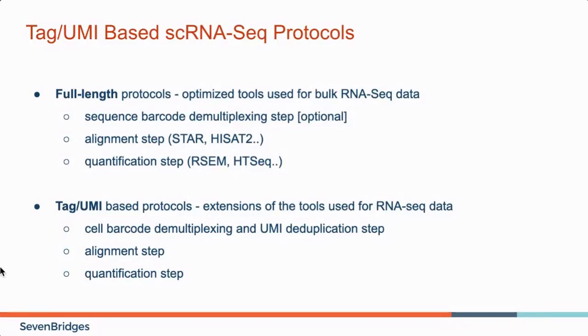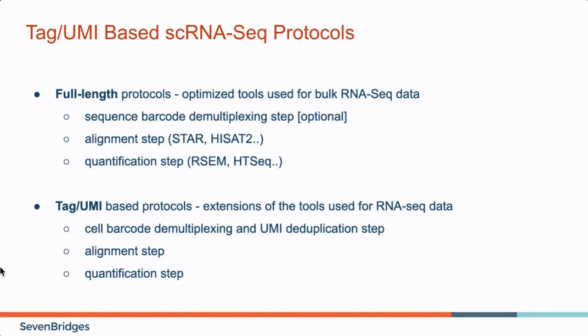If that is not the case, demultiplexing is the required step in the analysis. Some of the splice-aware aligners, such as STAR or HISAT2, can be used for aligning reads to the reference, and tools like RSEM or HTSeq can be used for quantification, producing tables of read counts per gene or per transcript as a result.